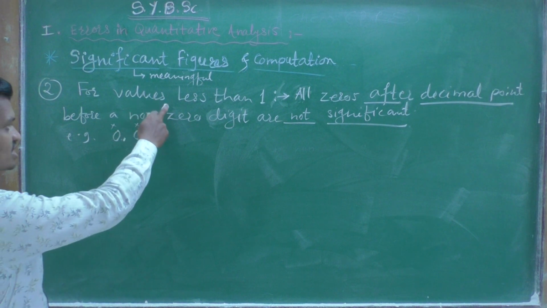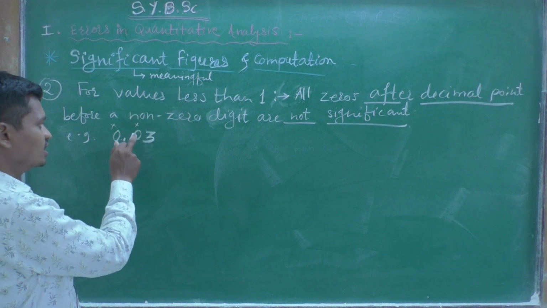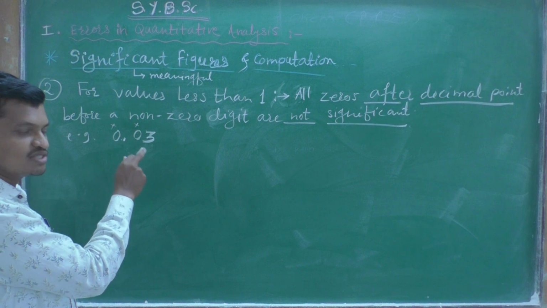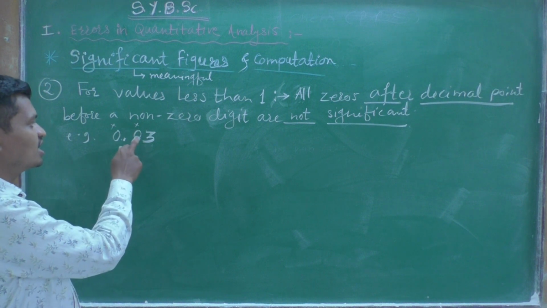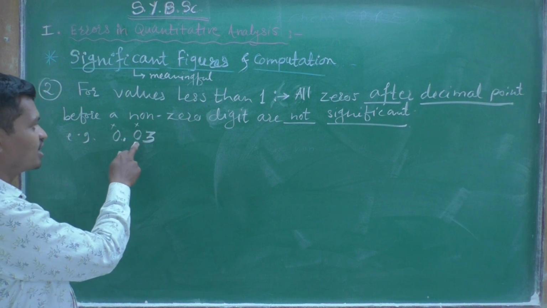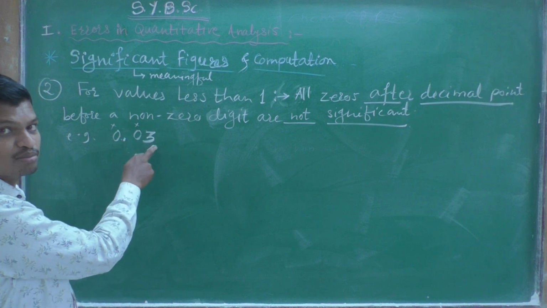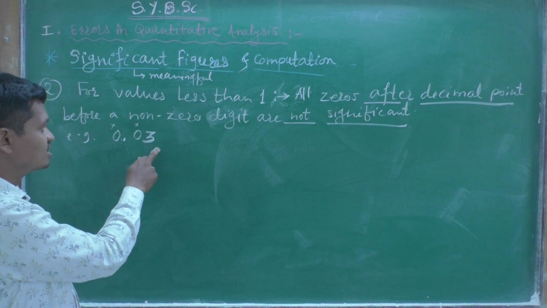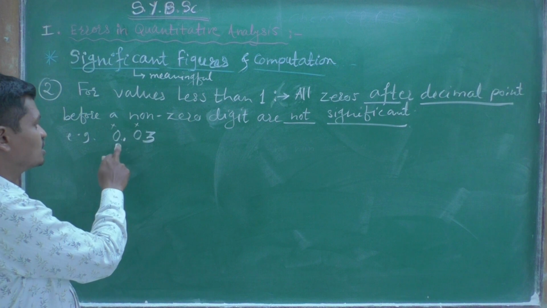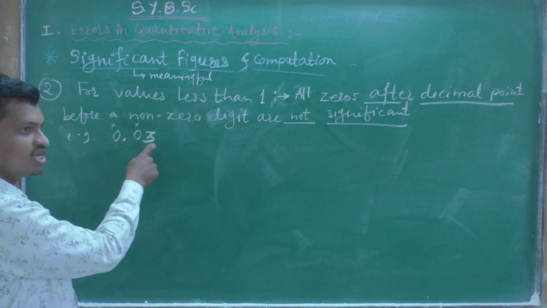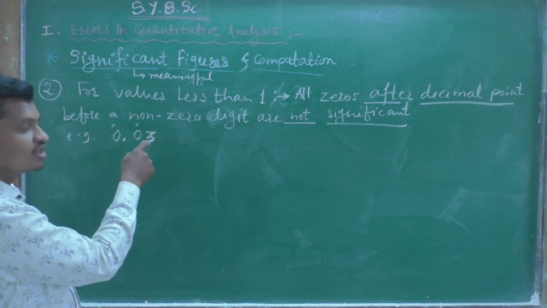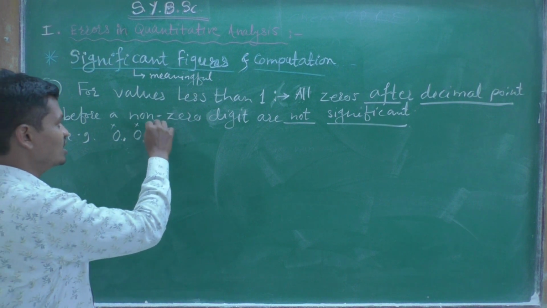Why? Because according to this second rule, in case of numbers which are less than 1, all zeros after the decimal point and before a non-zero digit are not significant. So this 0 is also not significant. So in the number 0.03, the number of significant figures is only 1.